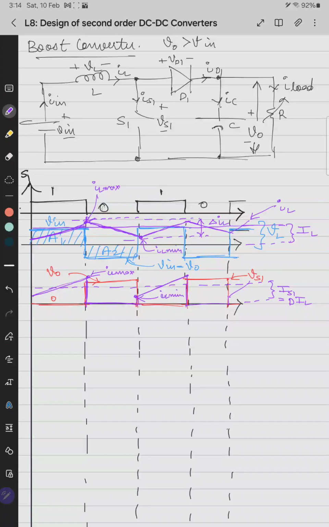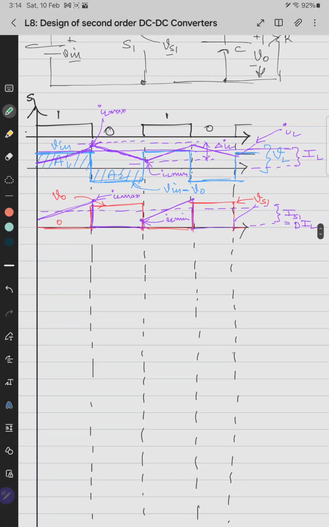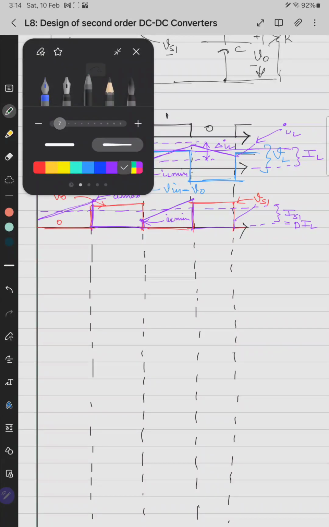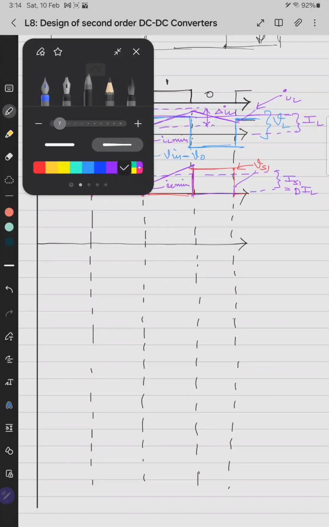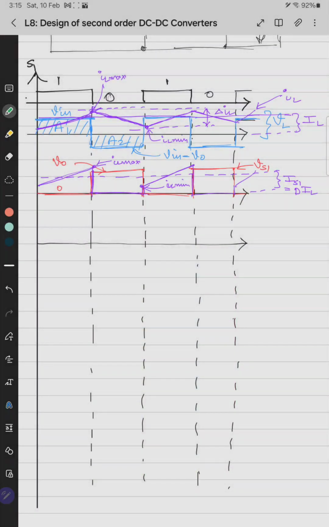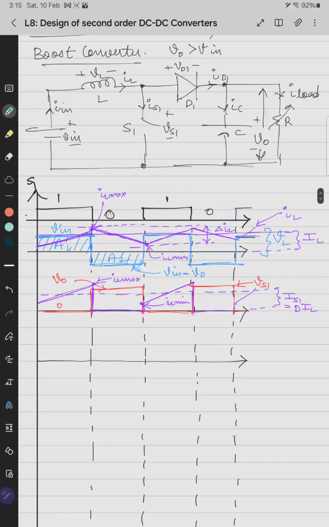Then let's see the diode. When the switch is on, the diode is reverse biased. Then the voltage across the diode will be what?